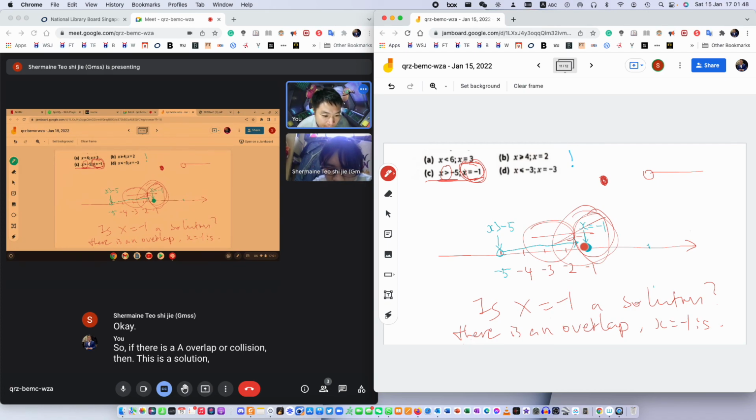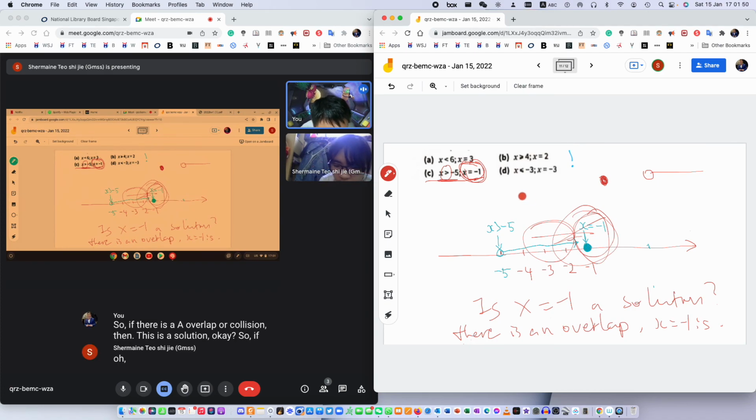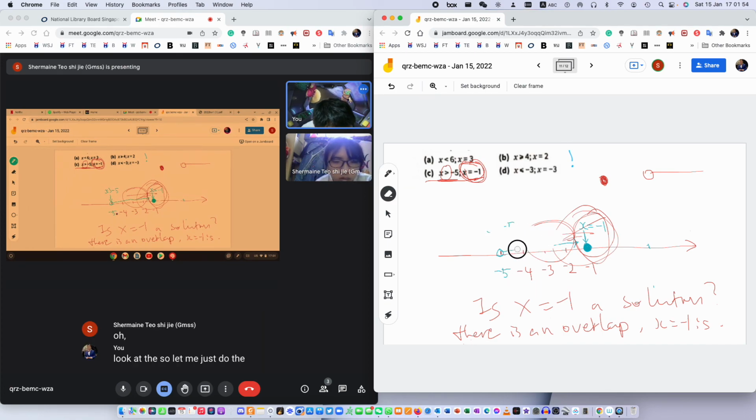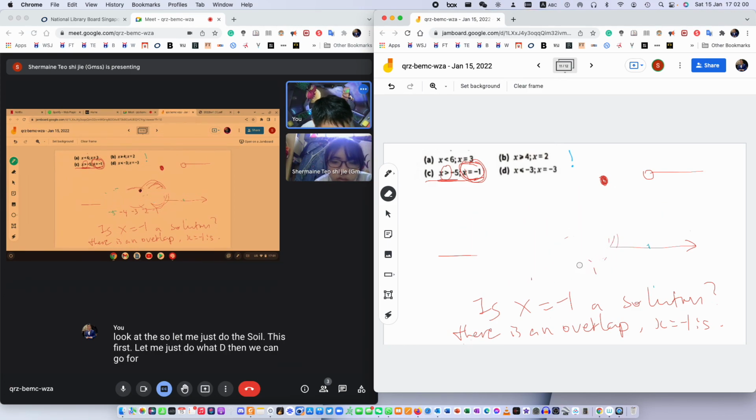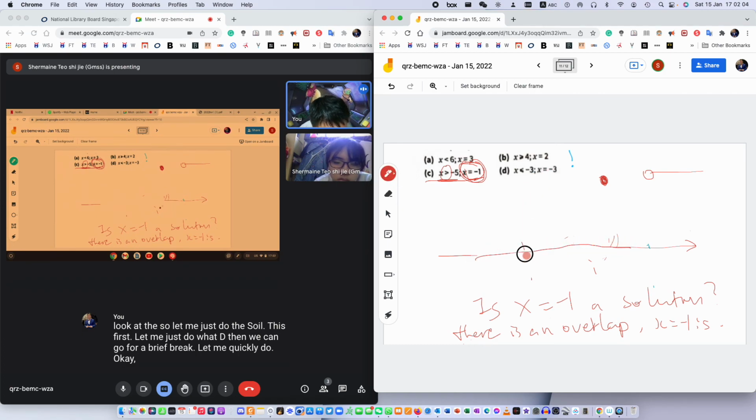Okay, so if you look at D, let me just do D. I erase this first. Let me just do D, then we can go for a brief break. Okay, I see a negative 3. By the way, I only see negative 3.